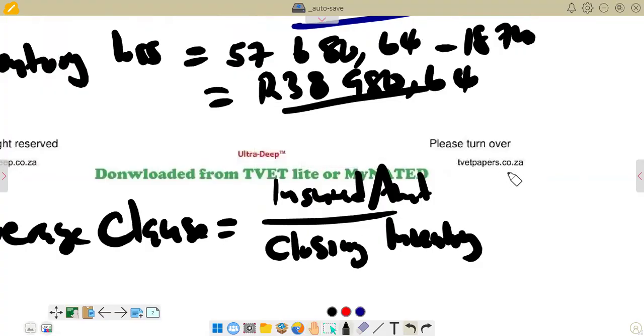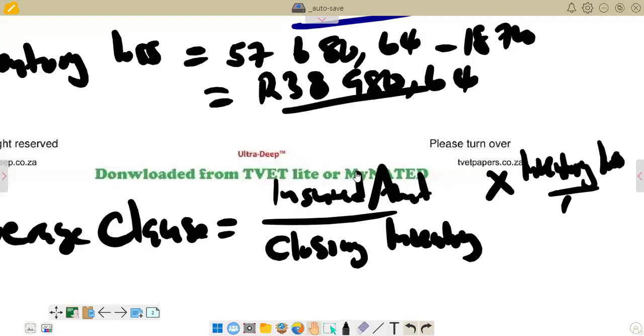by the inventory loss over 1. So this is the formula that we have for average clause. We are saying insured amount over our closing inventory, and then we multiply by your inventory loss over 1.